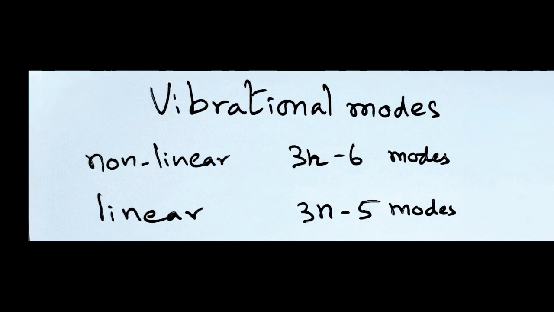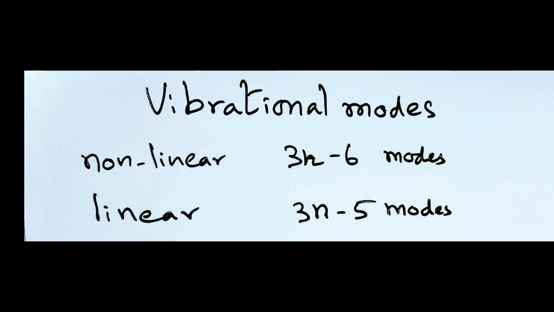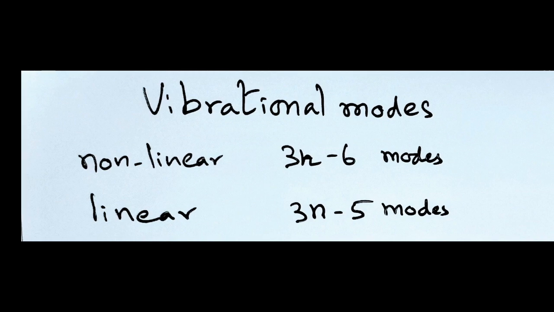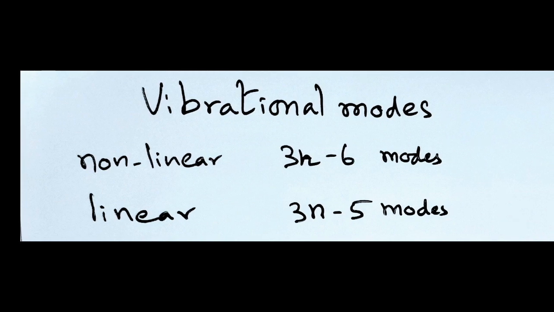So once again, let me explain. Because of the stretching and bending vibrations, the chemical bonds in a molecule are in a constant state of vibration, and those vibrations are called the vibrational modes through which the electromagnetic radiation is absorbed by the molecule. If a molecule has n atoms and if it is non-linear, then the number of possible vibrational modes is 3n minus 6.